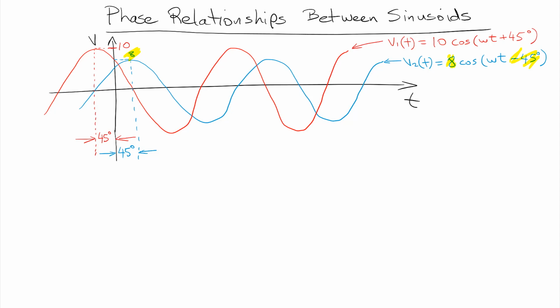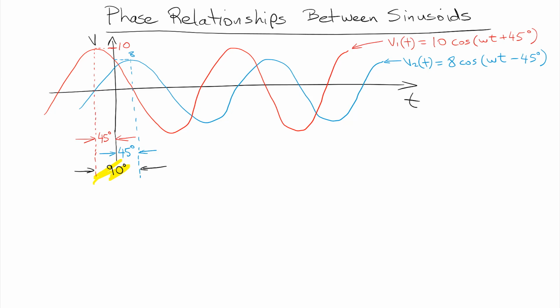So that is a rightward shift of 45 degrees of the waveform. Together, those two waveforms are shifted from each other by 90 degrees.